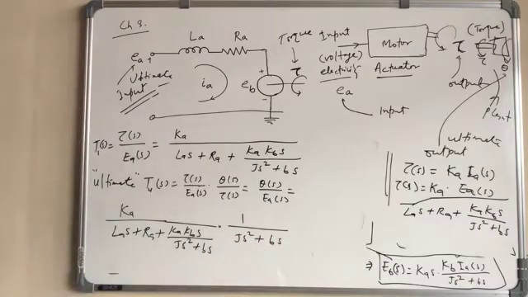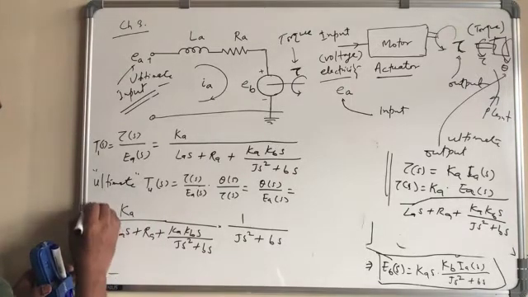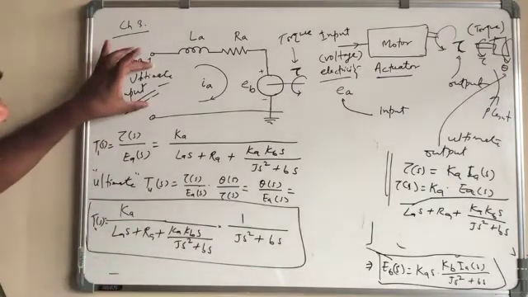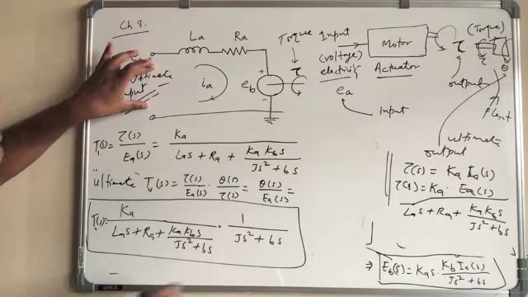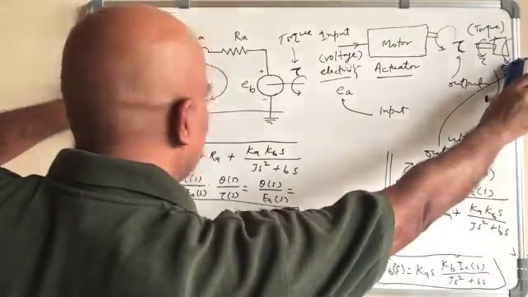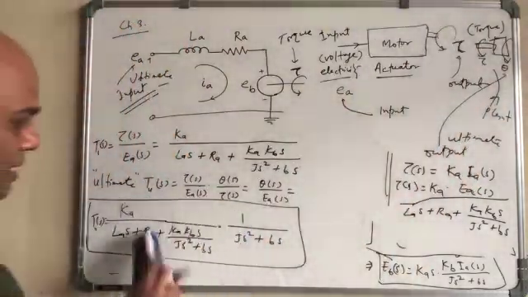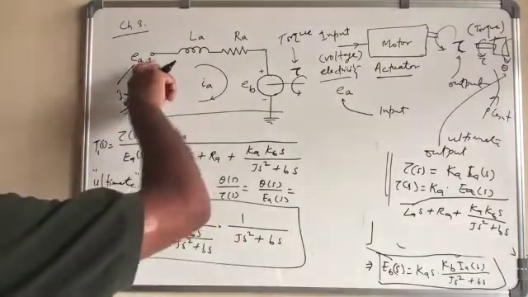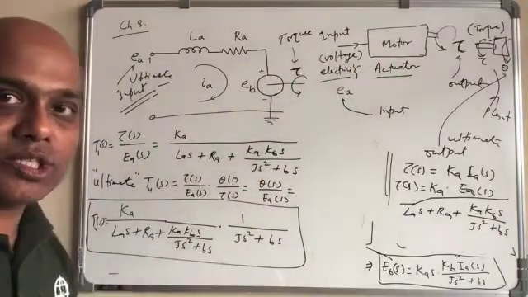So this is the ultimate transfer function, TUS. Given the input voltage and the output theta, theta over voltage is given by this. This is how we are relating the electrical system to the mechanical system.